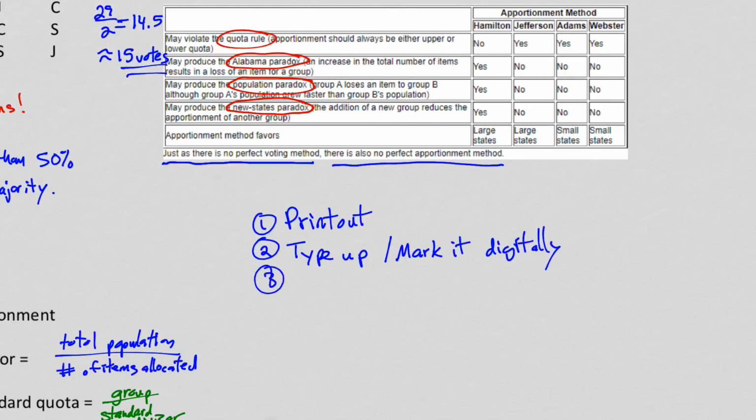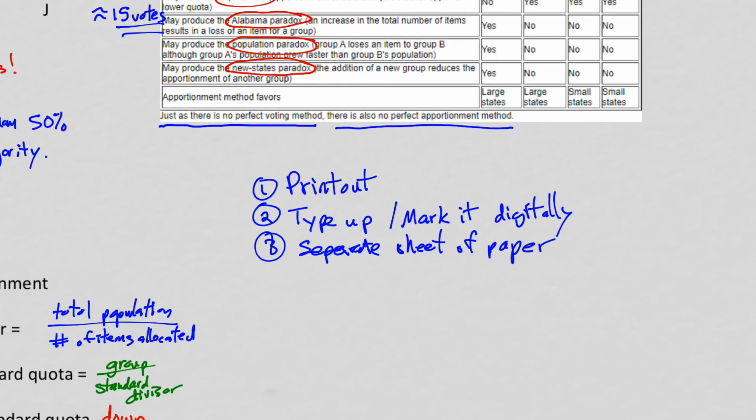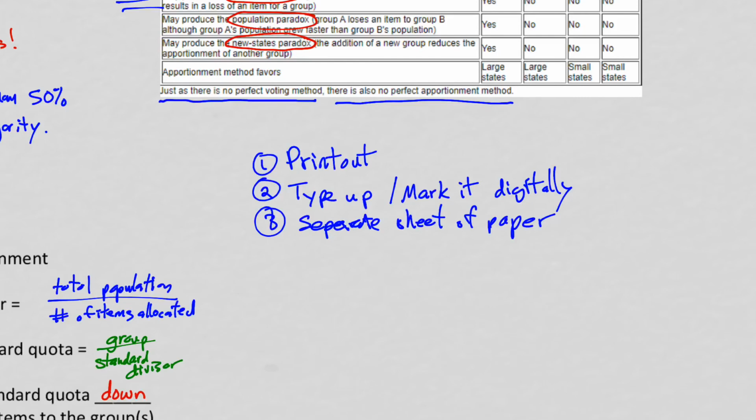Or you can just write on a separate sheet of paper, okay? Whichever one is easier for you. And then make sure it's all filled out, including your family tree, and then email it to me, okay?